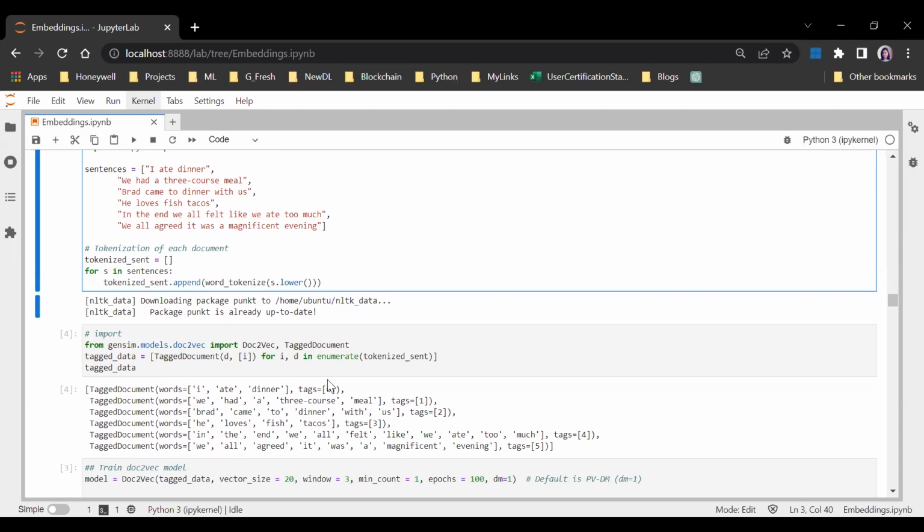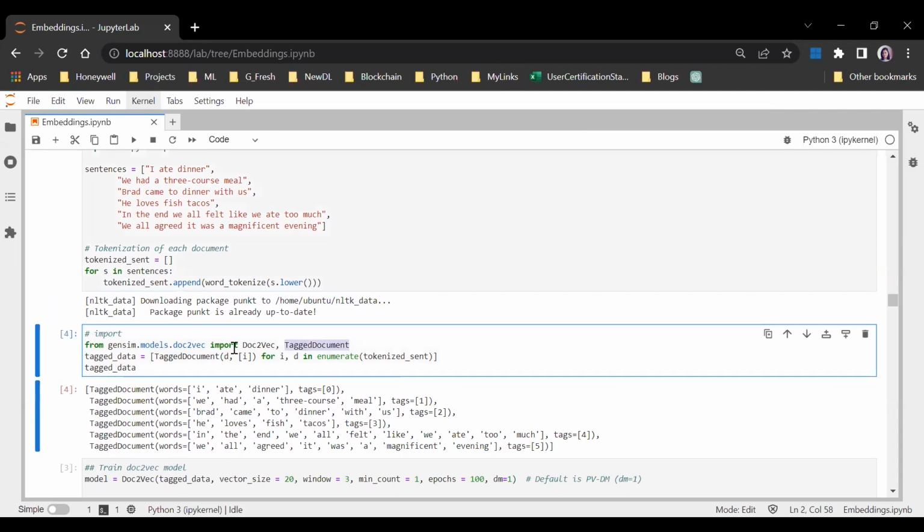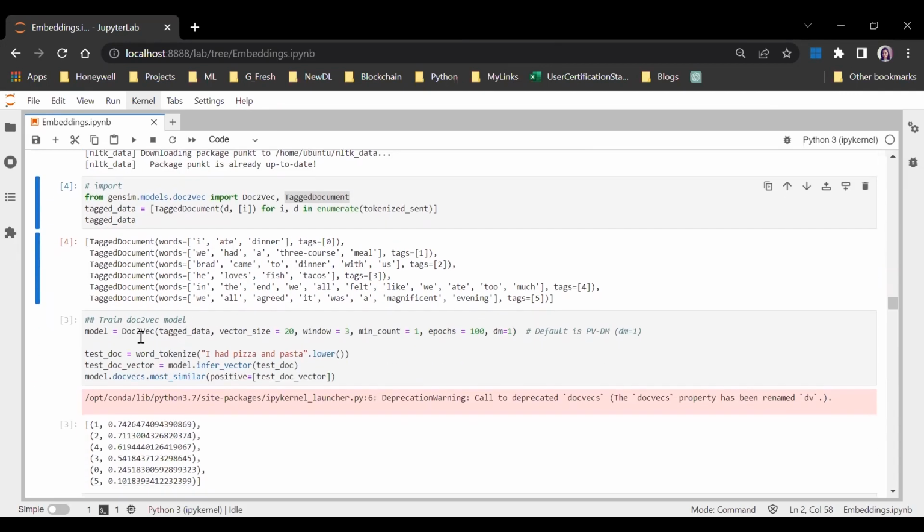That tagging we can do using TaggedDocument. And this is how the tokens and the tags get generated when we use this TaggedDocument function available in the doc2vec library.